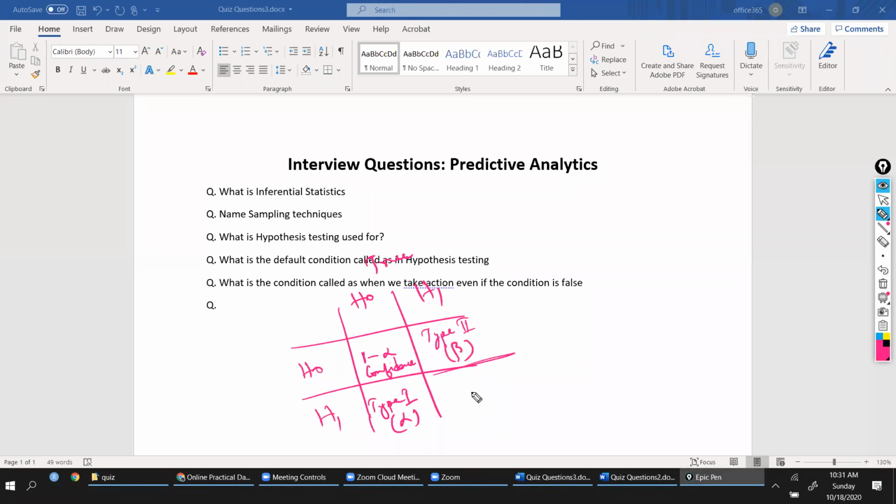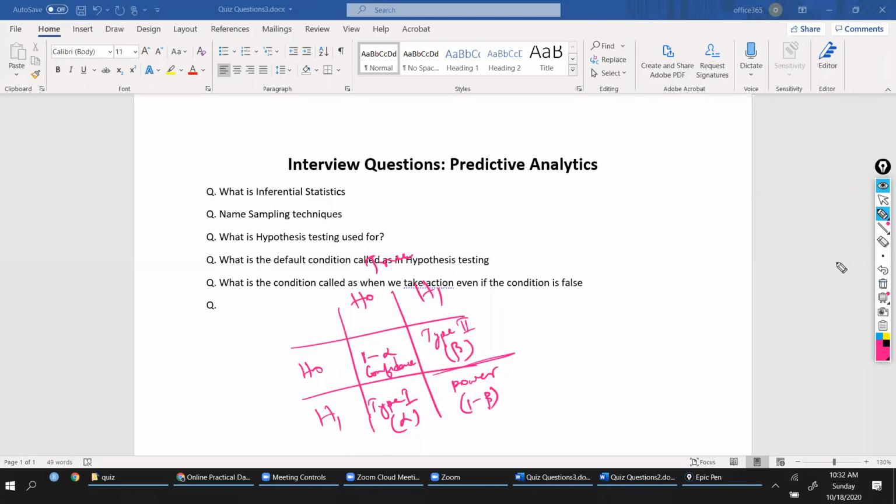And what is the quadrant called? Power. This is called the power of the test, and this is 1 minus beta. Right? So this table you have to learn by heart with respect to hypothesis testing.